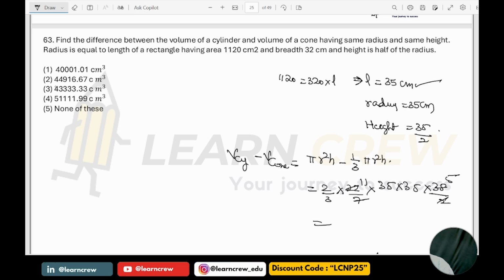First one, 4 plus 9, 13, 13 plus 6, 19, 19 plus 7, 26, no. 4 plus 1, 5, 5 plus 6, 11. So not exact value, right? 35 square. So how much are we getting here? Please tell me, what is the value? 35 into 35 into 5 into 11 into 2 by 3. So I will get approximately this value. Option 2 is the correct answer. If you simplify this, you will get option 2 as the answer.